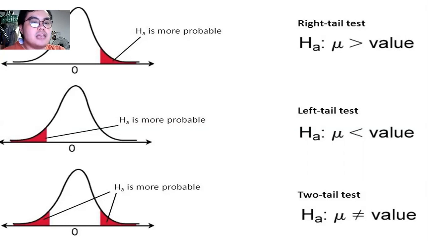However, for the left tail test, if the z value is less than the critical value, it means that we reject the null hypothesis or we accept the alternative hypothesis.